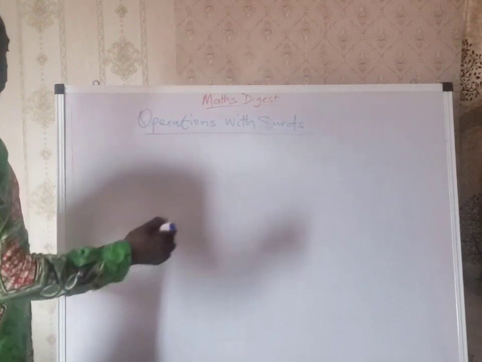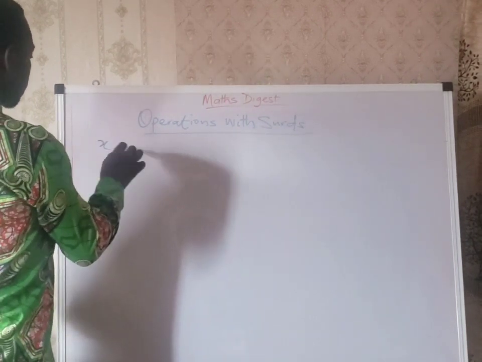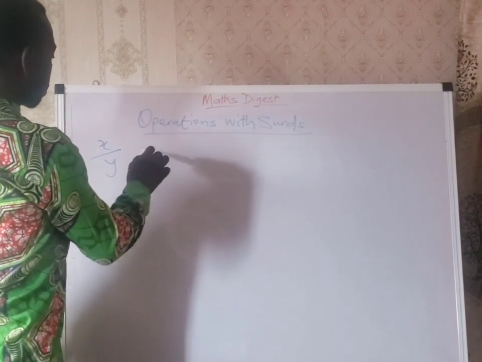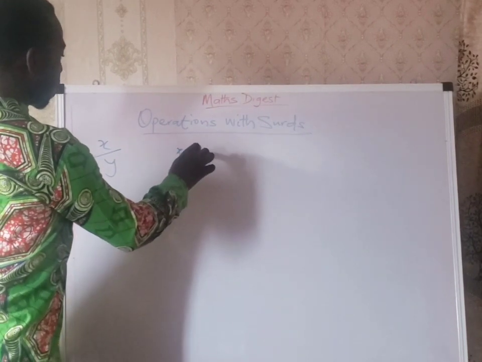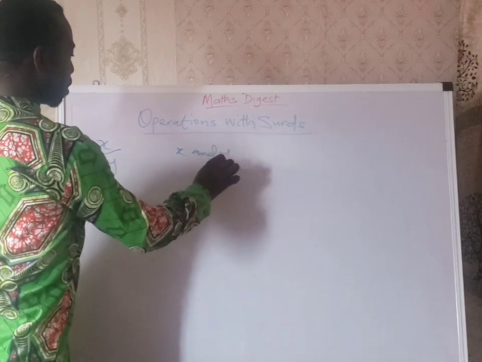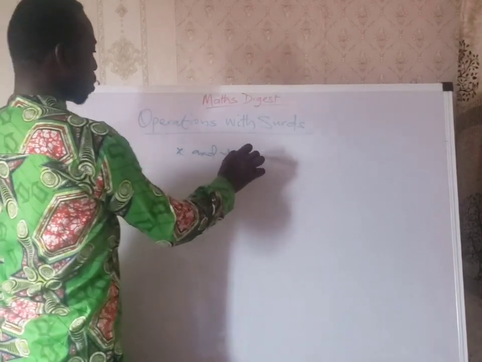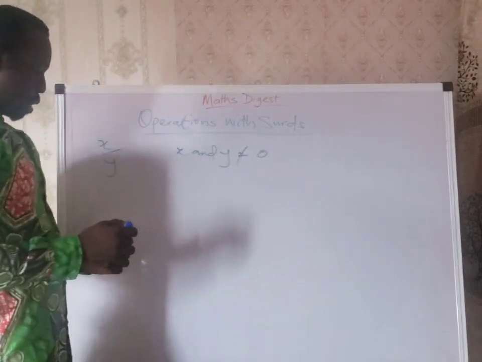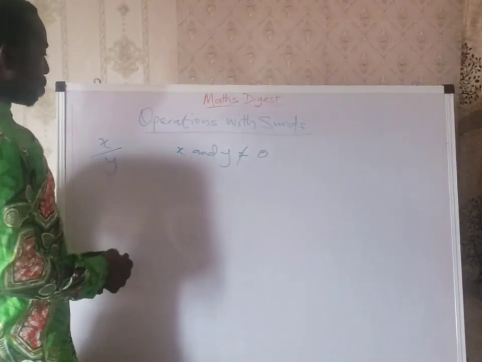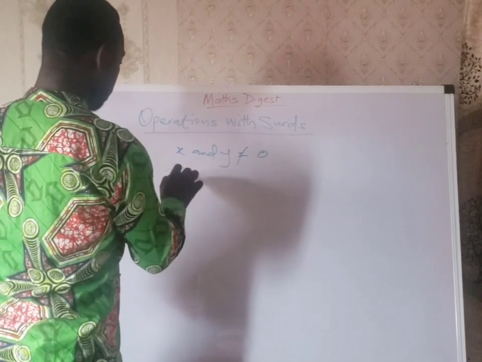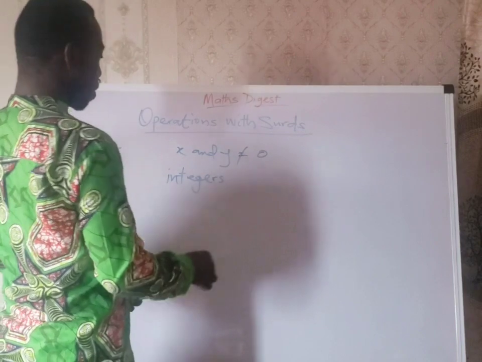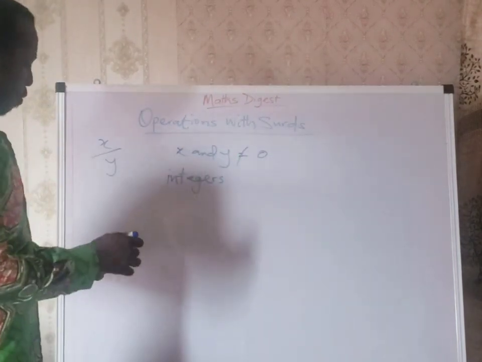Any number, for instance, x over y, if x and y are not equal to 0, then x and y are maybe integers, or decimal numbers or fractions.